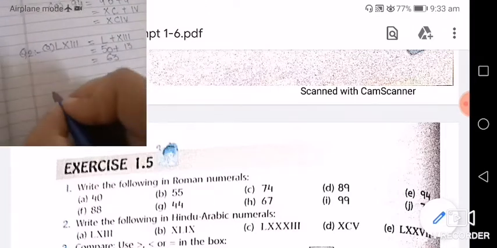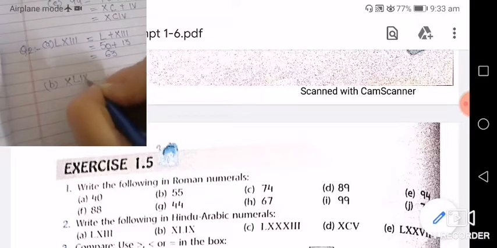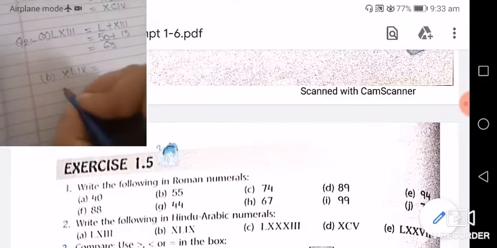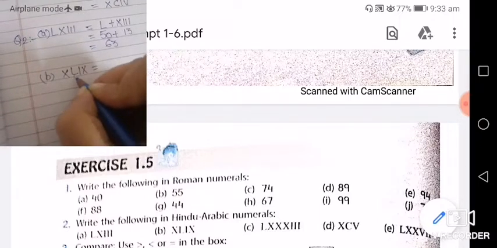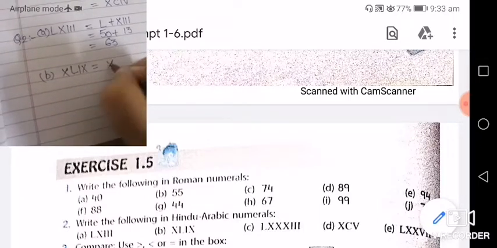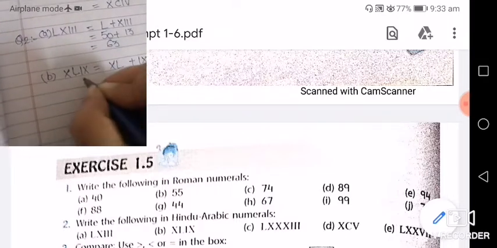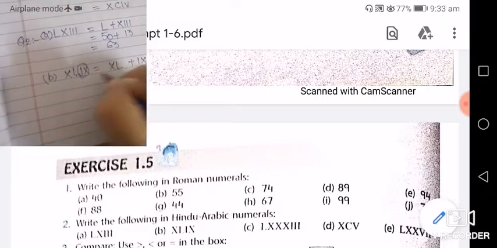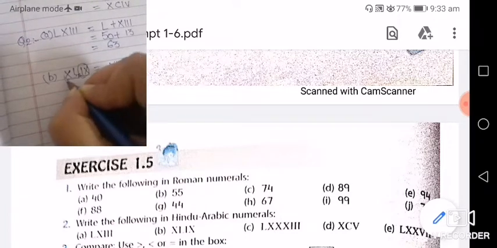Similarly, B part. B part is XLIX. Now remember this. Whenever you have been given a number like that, that lesser number is subtracting from the bigger number. These both numbers you will put together. Now I is also less than X, so this will be put together, and this first one will be put together.